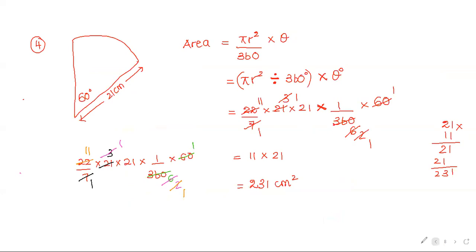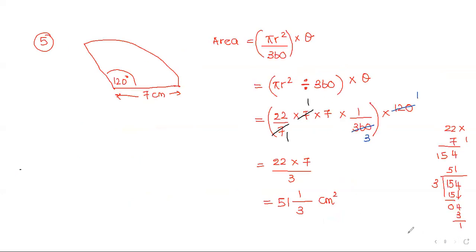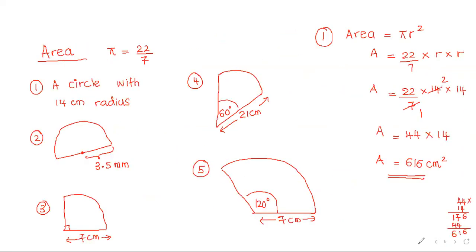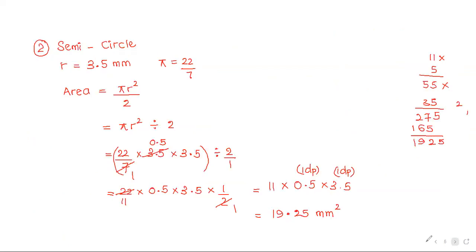And the fourth one, it is a sector with 60-degree angle. And the fifth one, again, it is a sector with the 120-degree angle. Right? So then you just see how we can do these calculations, that based on the available information, I wrote the formula, substituted the value and calculated the values.